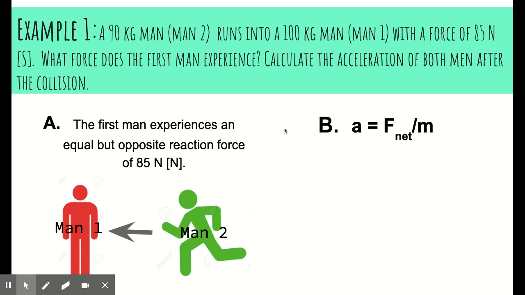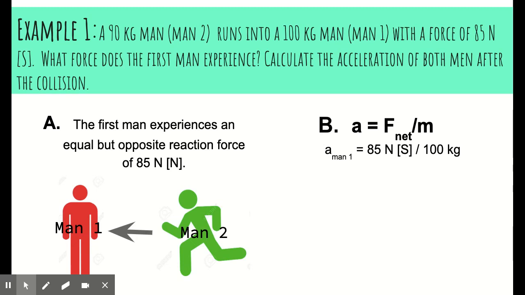The second part of this is to calculate the acceleration of both men after the collision. So we're going to have two separate parts to this problem because we have two different men with different masses. We're going to have to calculate their acceleration separately. So we know that we can calculate acceleration using this formula of net force divided by the mass. This is just reworked from force equals mass times acceleration. So we've just rearranged this basically.